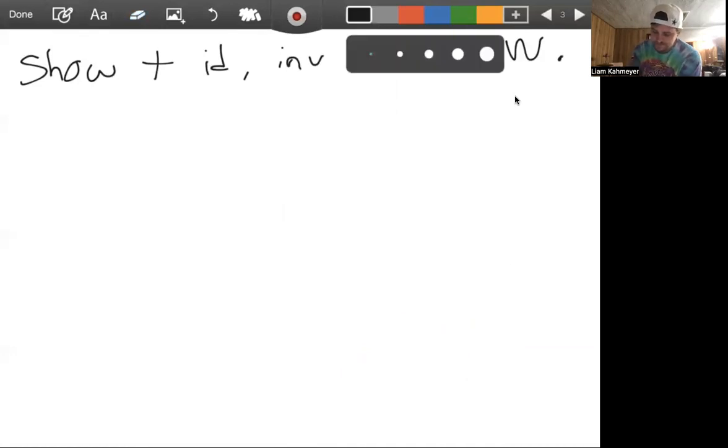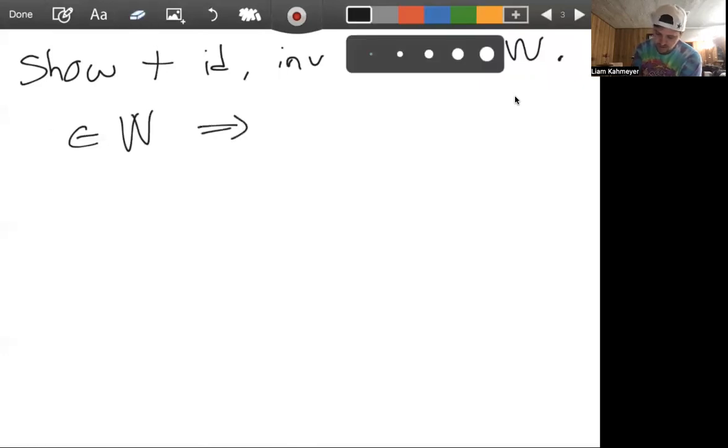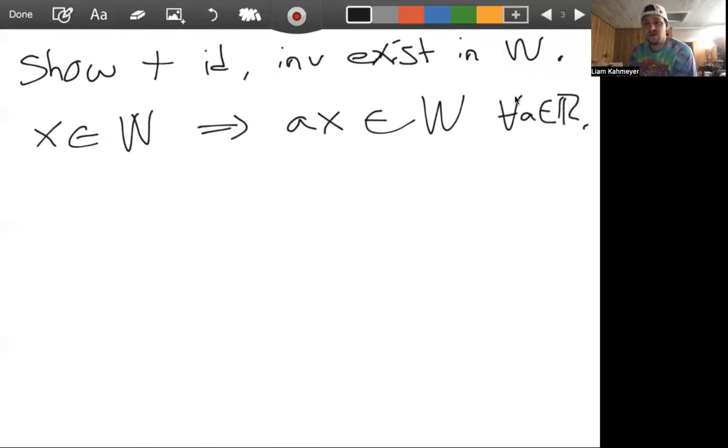We have that our algebraic axioms are satisfied, which means if we have x in W, this implies ax is an element of W for all a in R. This is one of the axioms of scalar multiplication, that it's closed under scalar multiplication. And we know that it is because points in V are closed under scalar multiplication, and points in W are also points in V. So we're closed under scalar multiplication.